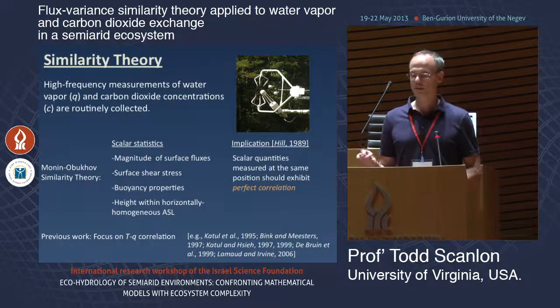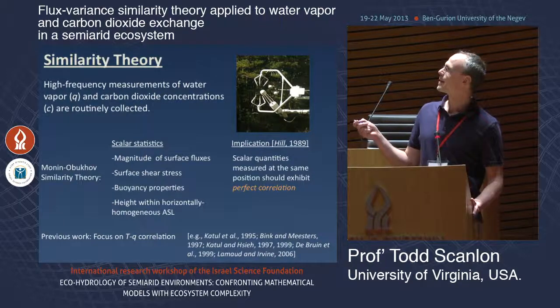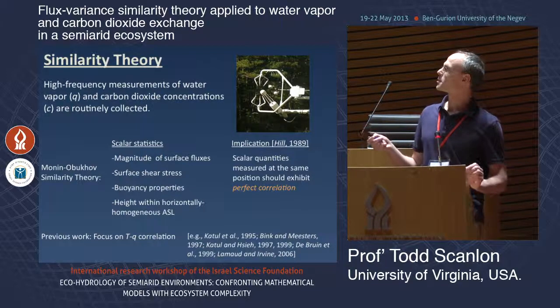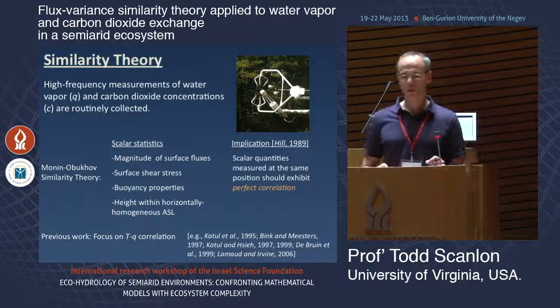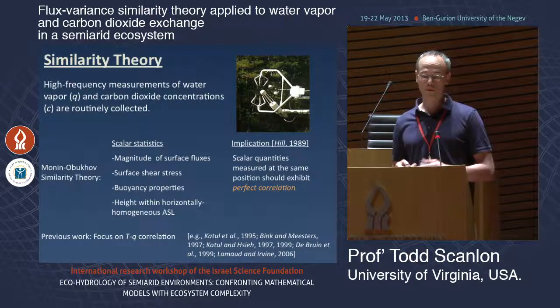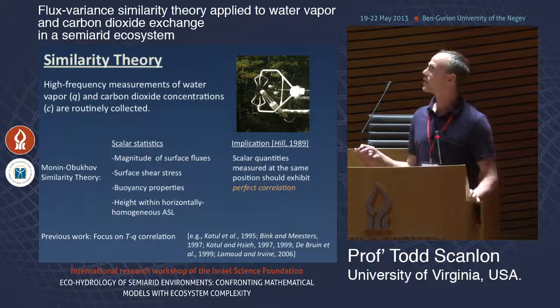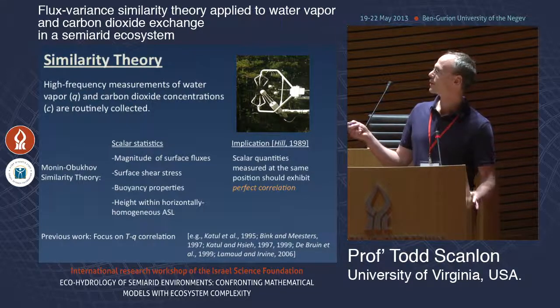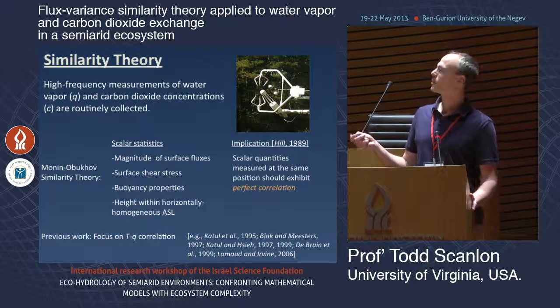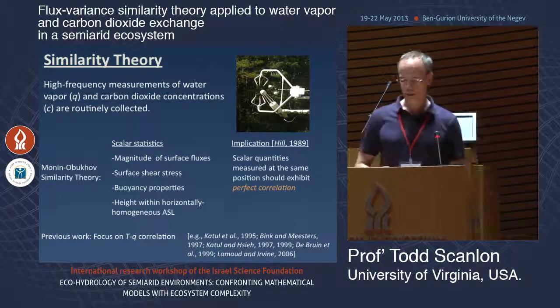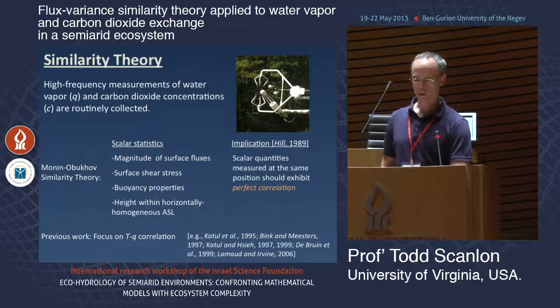An implication of this that was shown by Hill in 1989 is that scalar quantities measured at the same position should exhibit perfect correlation. So this is a statement of flux-variance similarity. And there's been work on that going back to the 80s, or the 90s, and probably even before, some involving Gaby Katul, mostly looking at correlation between temperature and water vapor. So here I'm focusing on correlation between water vapor and CO2.